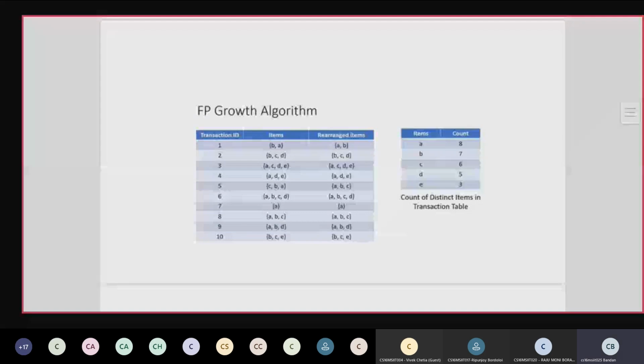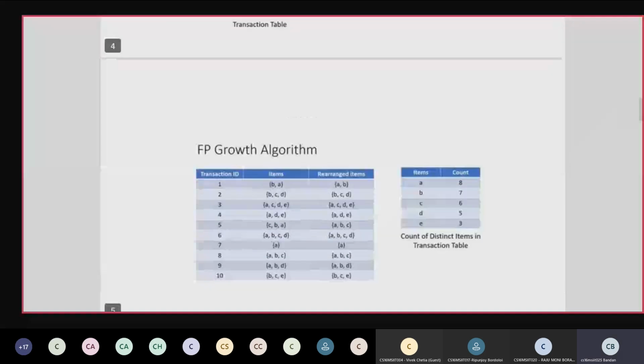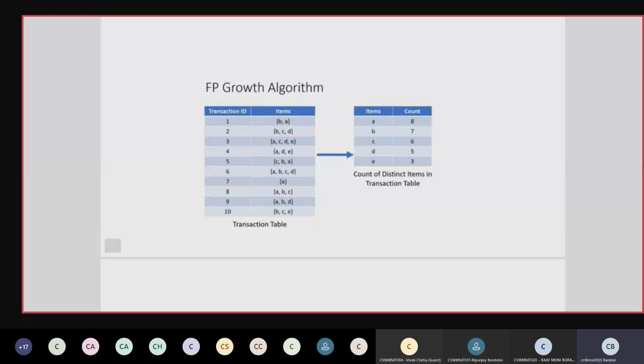Once we find the distinct items, we count how many times each of these items has been seen in the transactions. If we consider A, it has been seen 8 times, B 7 times, C 6 times, D 5 times, E 3 times.